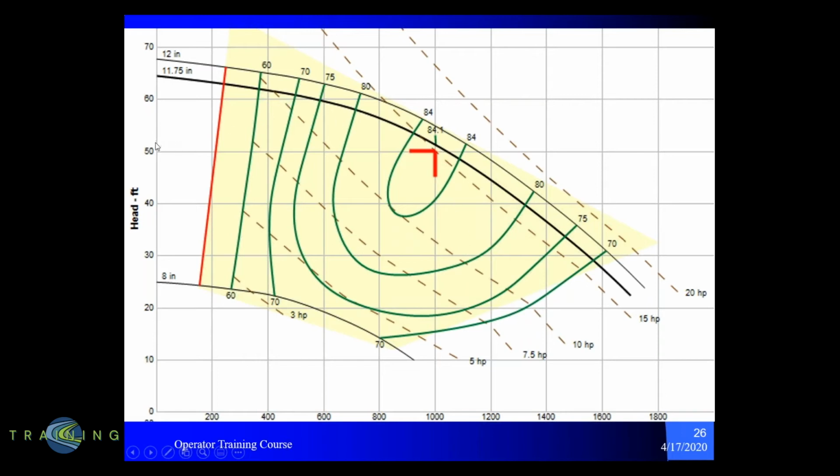For instance, if we know that we have 60 feet of head in our system, if you travel over and hit this pump curve, at that point it's going to operate somewhere in the neighborhood of 550 gallons per minute. But if you have only 20 feet of head or 30 feet of head, then you're going to see that this same pump is going to give you close to 1,550 gallons a minute.